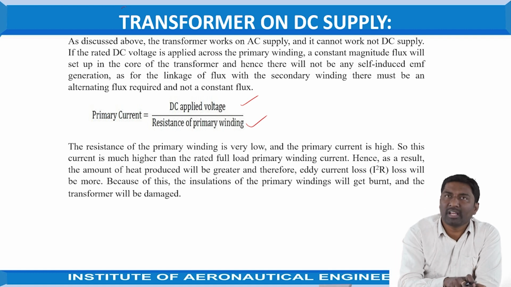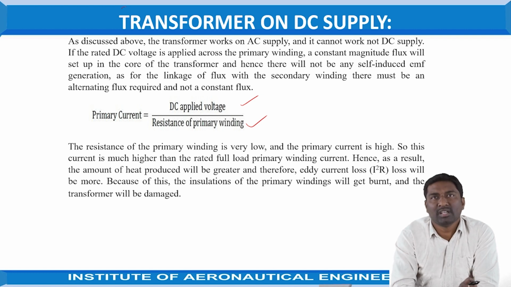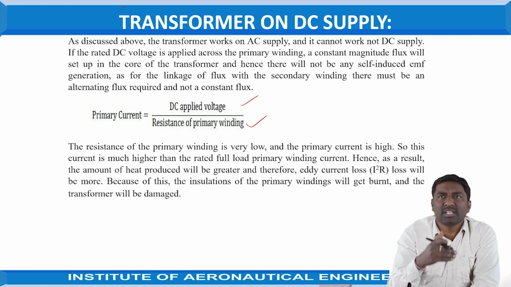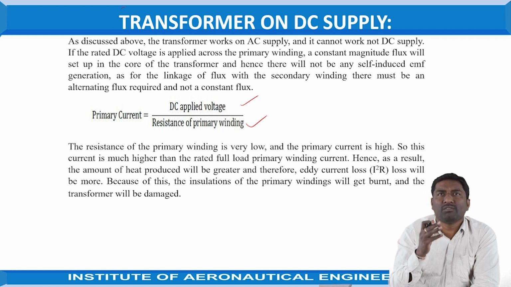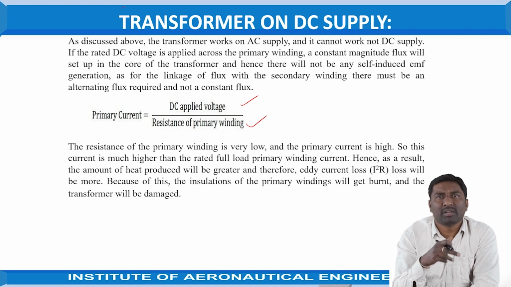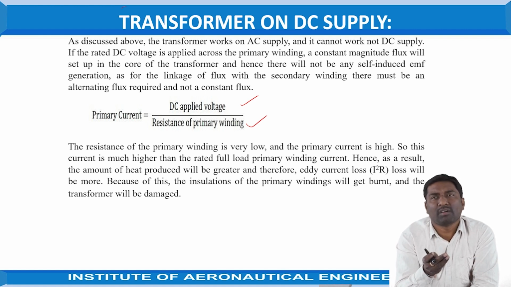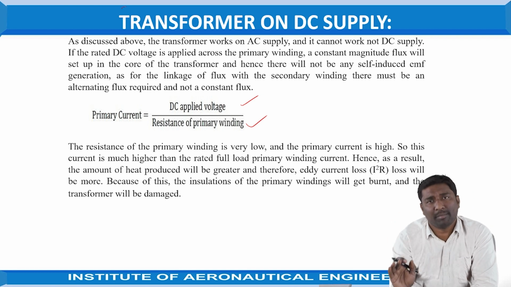Because the primary winding current is equal to the DC applied voltage divided by the resistance of the primary winding, if the resistance is very low, the primary winding current will be high. Due to this high current, the heat produced in the winding will be more and the eddy current losses will be more, and because of that the insulation of the primary winding will be damaged.